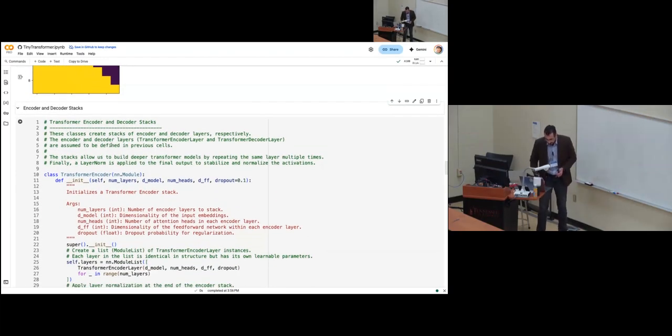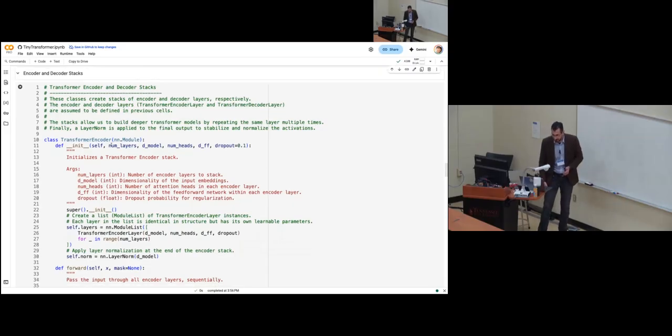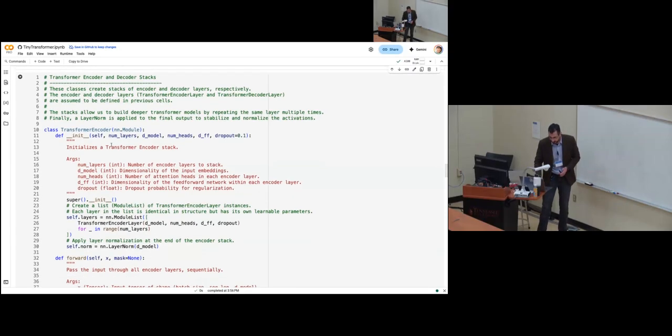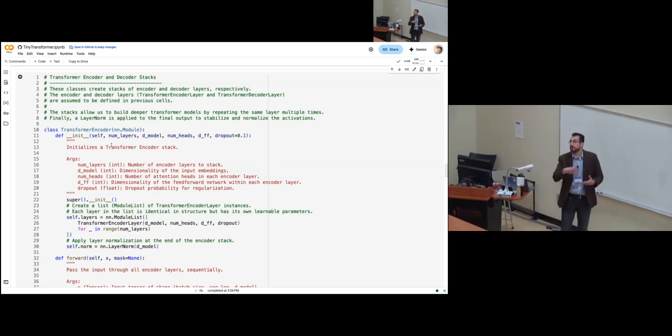Now, let's go and stack some encoder and decoder layers. So if I want to generate a transformer encoder, I will need multiple of these transformer encoder blocks. I need to compose them together. So if you see here, I define my layers to be a neural network module list of the transformer encoder layers. And how many of them do I need? The number of layers is an input.